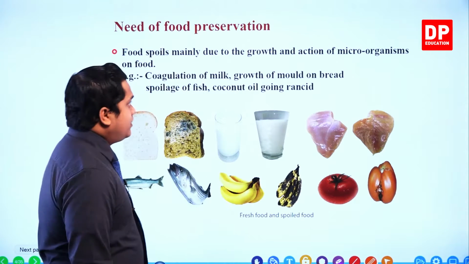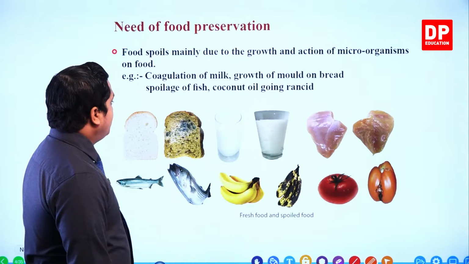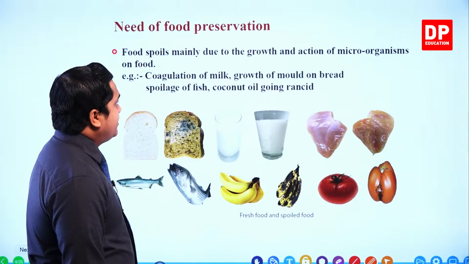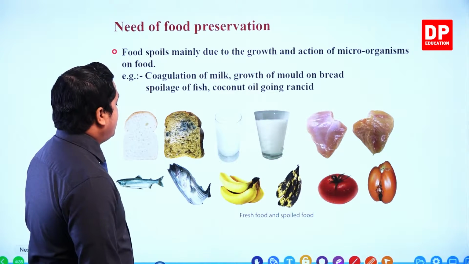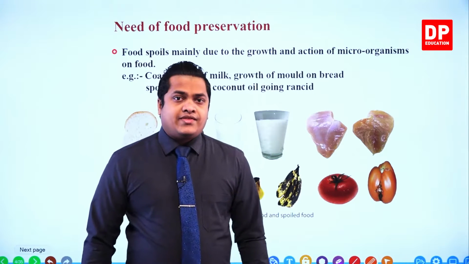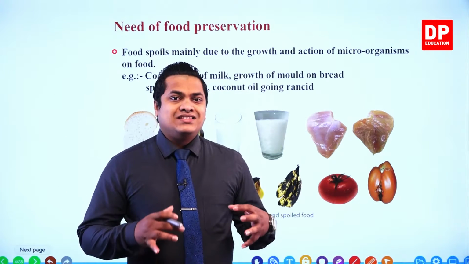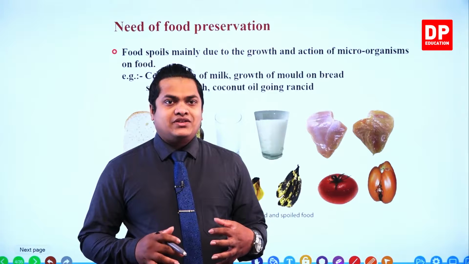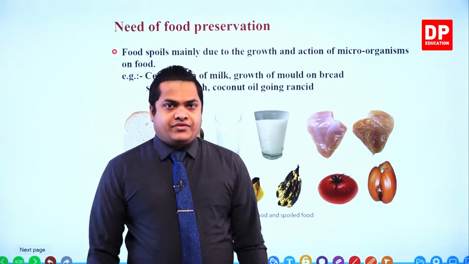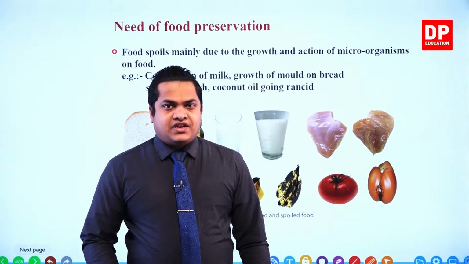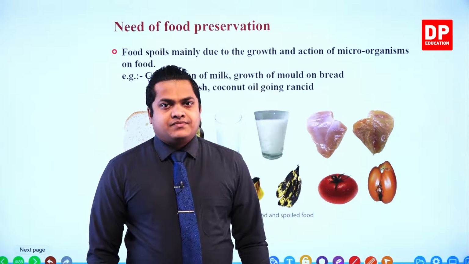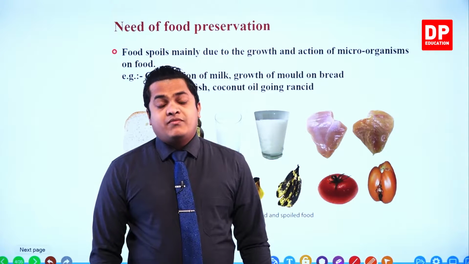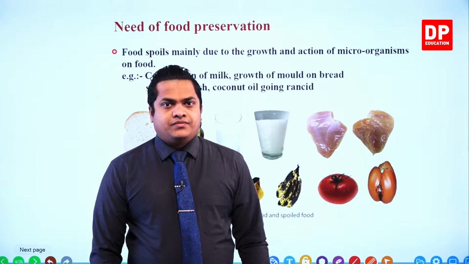Right then, so a point is given here. Food spoils mainly due to the growth and action of microorganisms on food. So I told you at the beginning that this is the main reason for the spoilage of food. What is the main reason? The first and foremost, or the main reason is the action of microorganisms. The growth of microorganisms within the food.